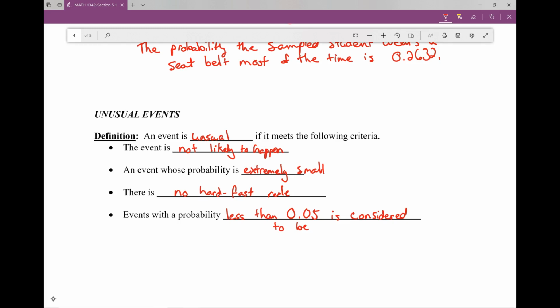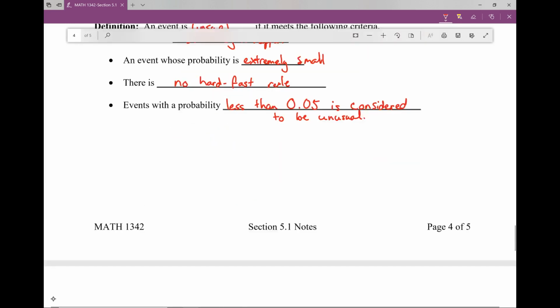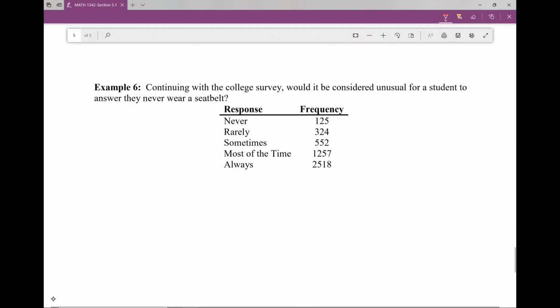This is one of those cases where it depends. If you're in medical research, that probability gets smaller because you want to have a larger confidence. But as a general rule, if it has a probability of 0.05 or 5% or less, then it is considered to be unusual. So let's look at an example of how we would determine this.